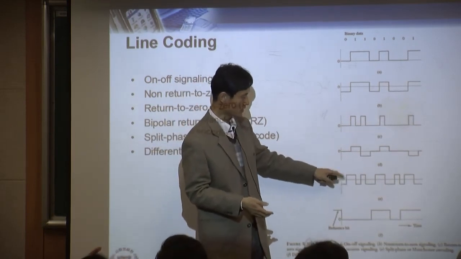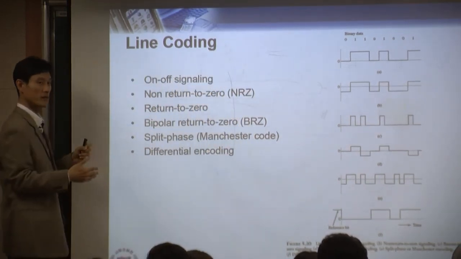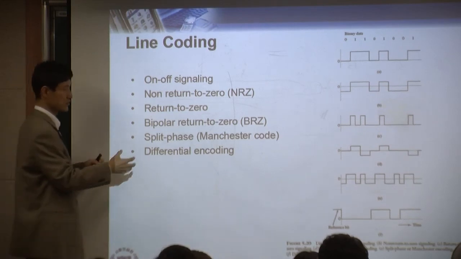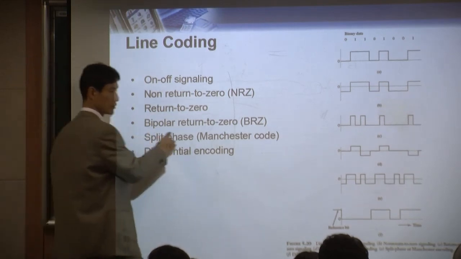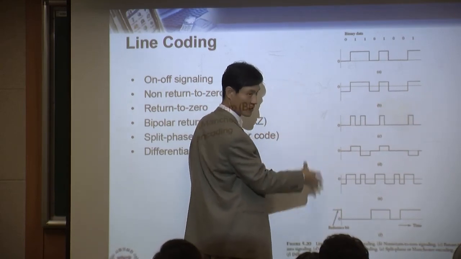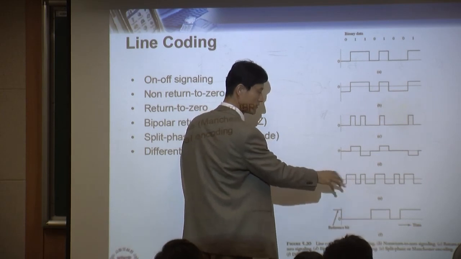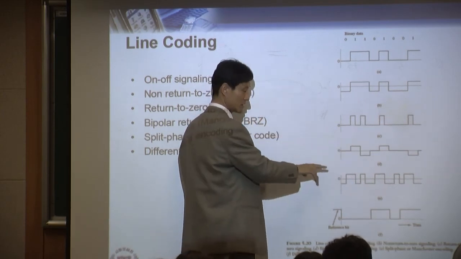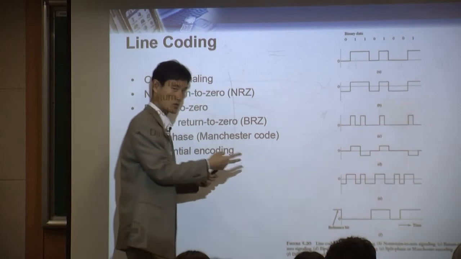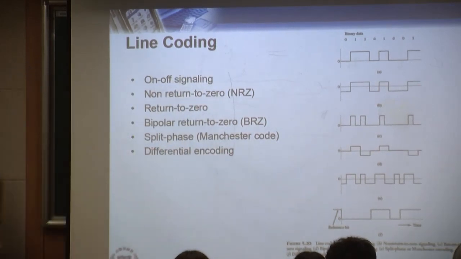In Manchester coding, it's like going 0 and 1 every time, because you change the original 0 into low to high and 1 into high to low, something like that. So every time, even if you have 1, 1, 1, 1, 1, there is still a high-low transition, always, right? In Manchester coding. So that's for line coding.